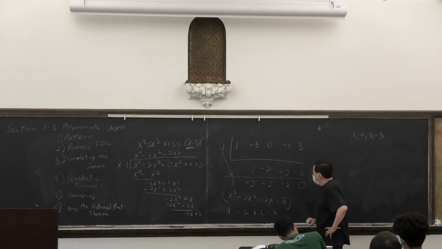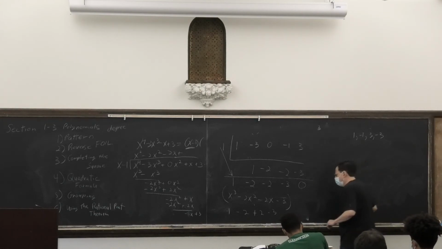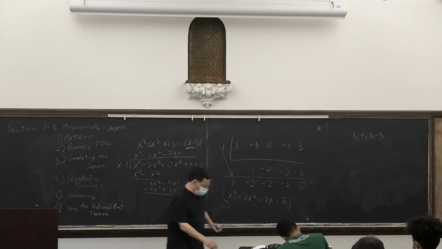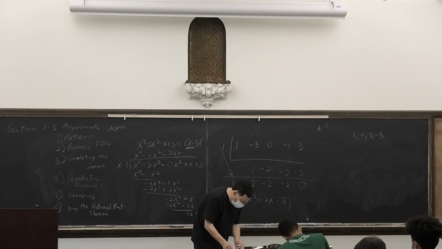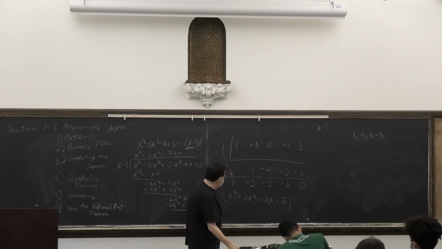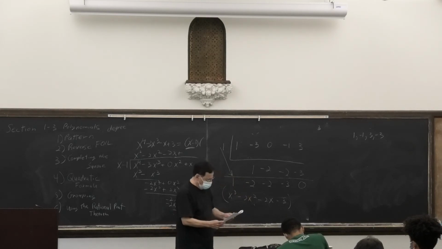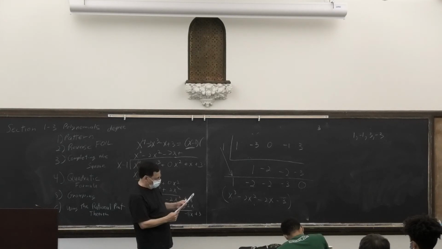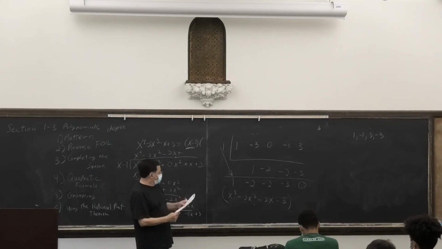I swear I probably made a stupid mistake. But let's see. Maybe my notes will tell me what I'm supposed to get. According to this, 3 was a root, and 1 was a root too.